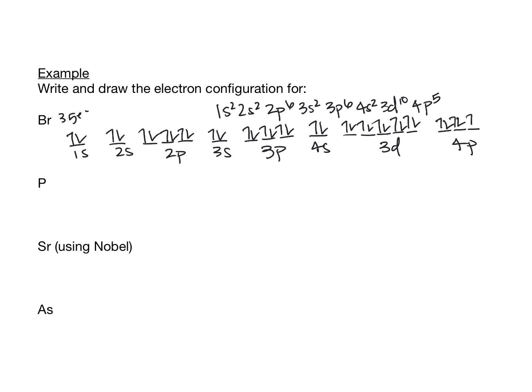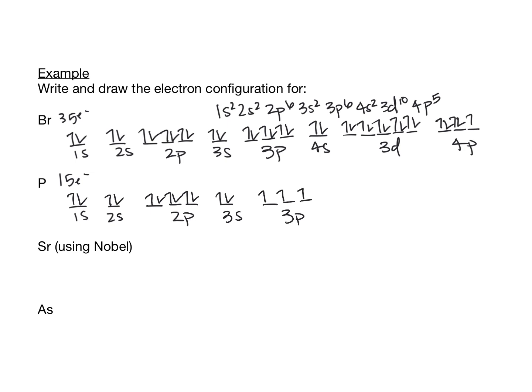So let's look at phosphorus, which has 15 electrons. We have the 1s, the 2s, the 2p, 3s, 3p. 1, 2, 3, 4, 5, 6, 7, 8, 9, 10, 11, 12, 13, 14, 15.